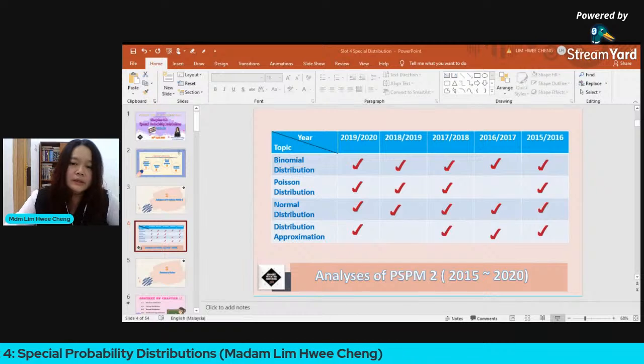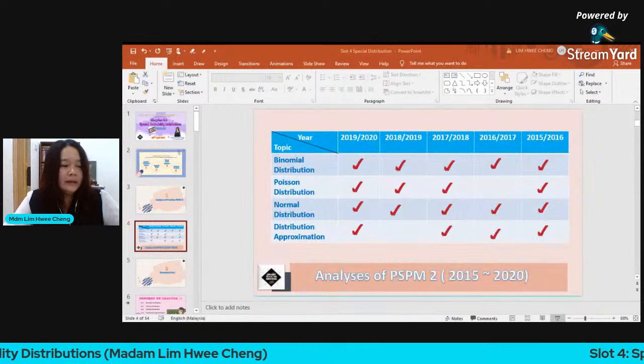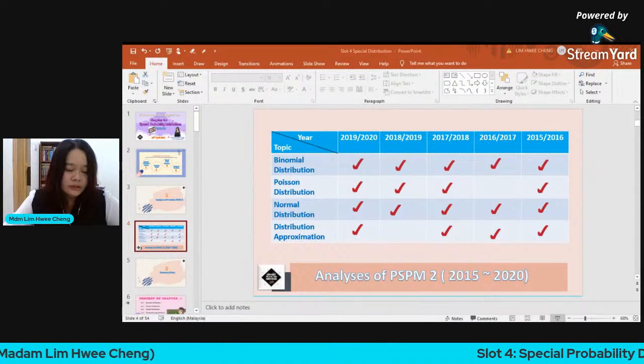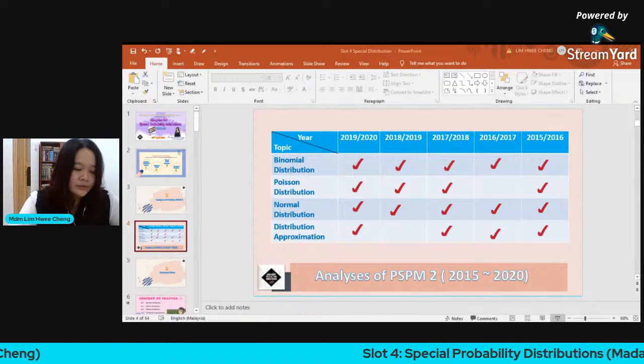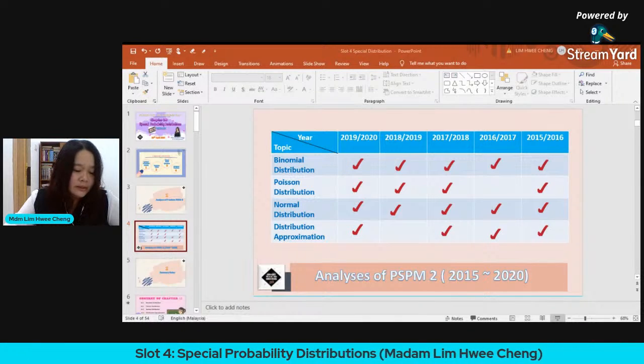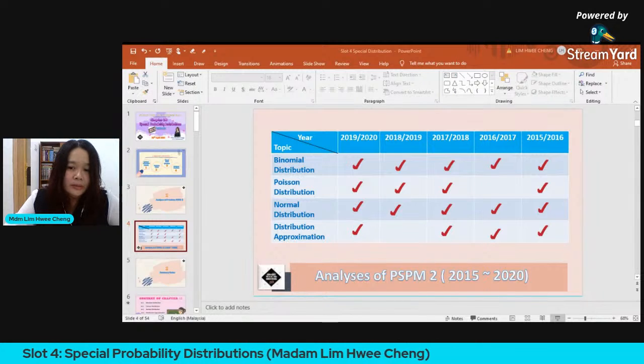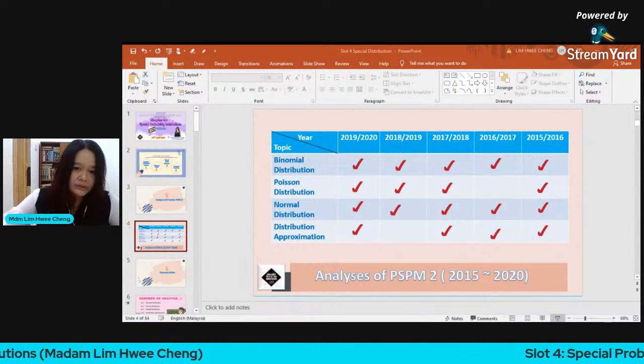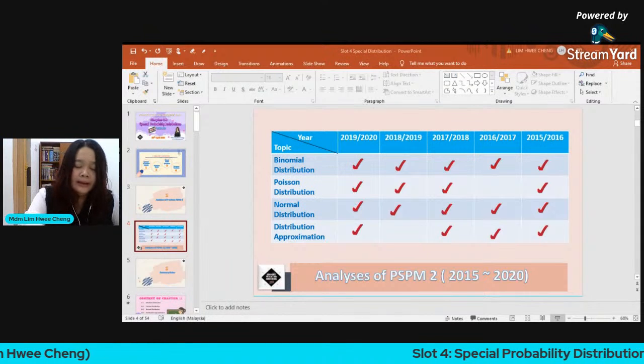For continuous, we only learn the normal distribution. Finally, we are going to use approximations. Normally, we use the normal distribution to approximate the binomial distribution. This is the final part in the exam.